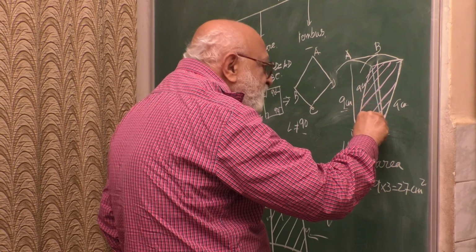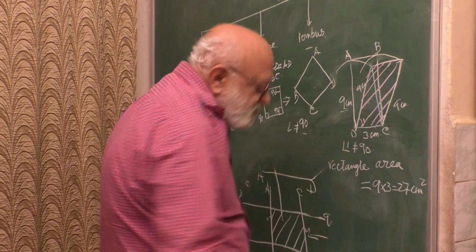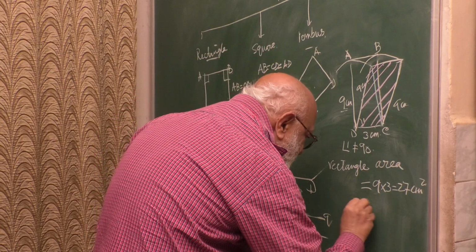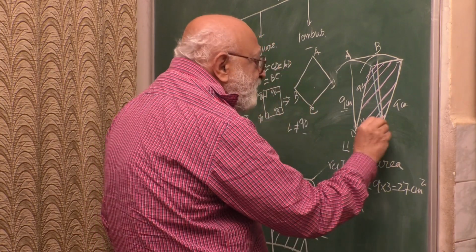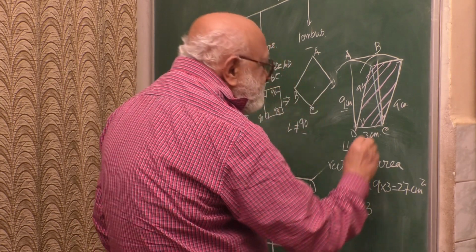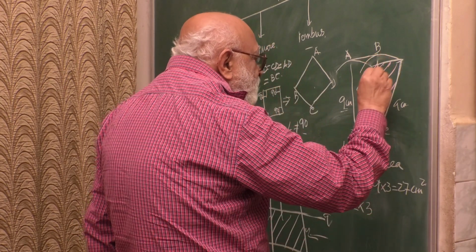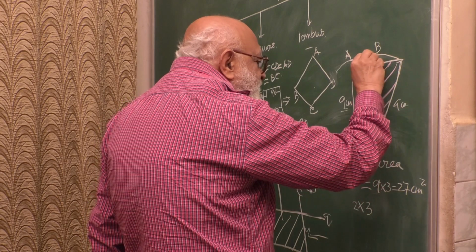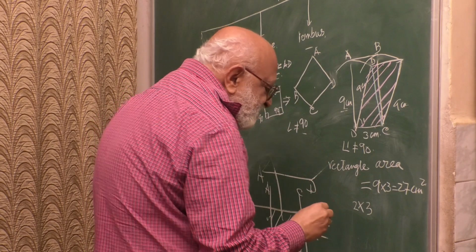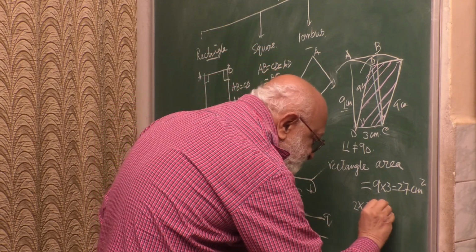Here, two triangles, this triangle and this triangle. So area would be equal to 2 into 3 remains the 3. But this distance, let us call it BD, into CD.